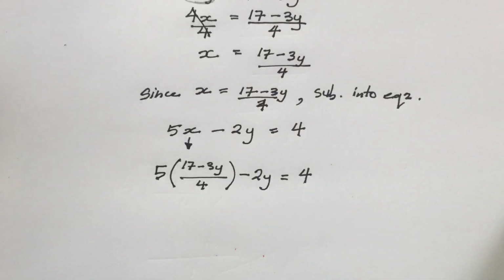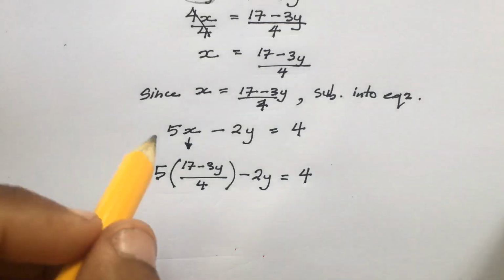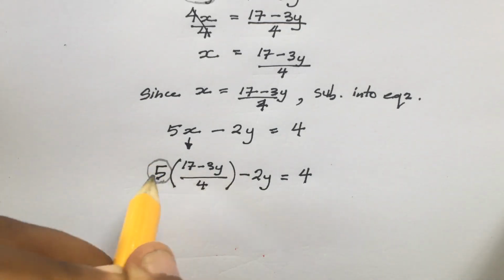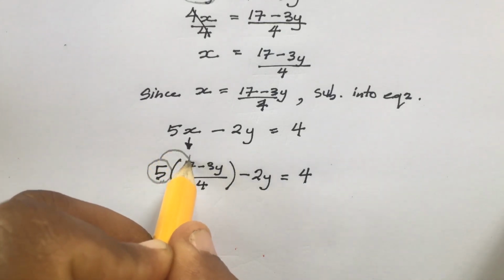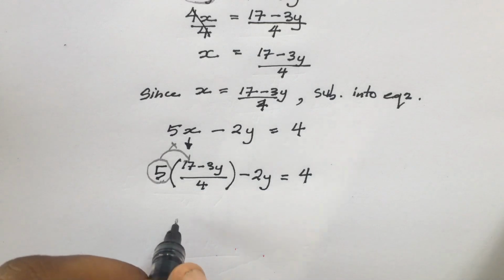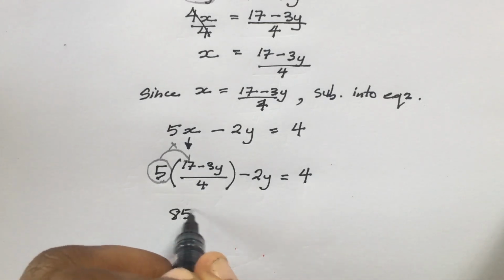Now this is where it gets a little tricky. So we're going to have to take this 5 now and distribute it inside the bracket. So it's going to be 5 times that 17, and that will give us 85.